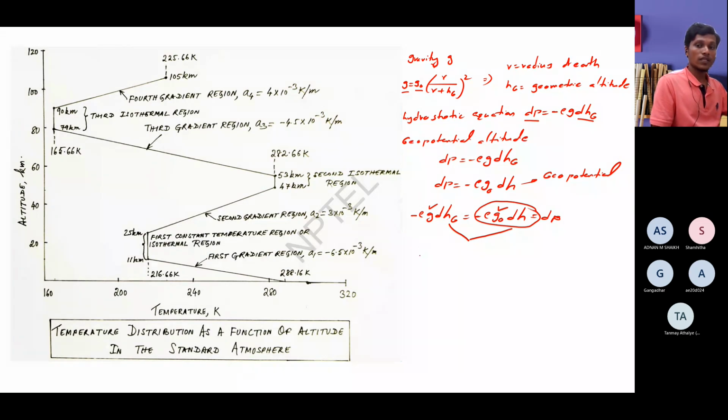The next equation we need to understand is the equation of a perfect gas, or the characteristic gas equation.